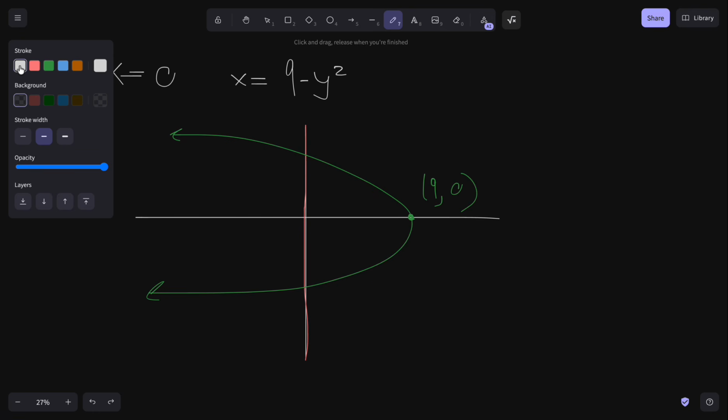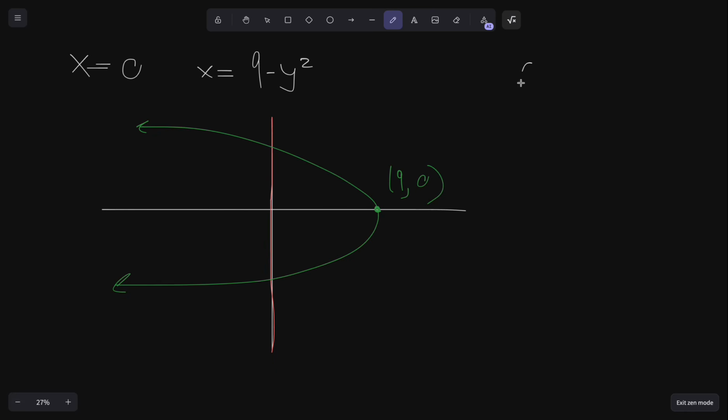So the first question you always want to ask yourself is, which comes first, dx or dy? Well, it looks like if we start at a constant y value, and then we look in the x direction, right? So we pick a y value, go in the x direction, constant y value, go in the x direction. You see that we always start at x being equal to 0 to x being equal to 9 minus y squared.